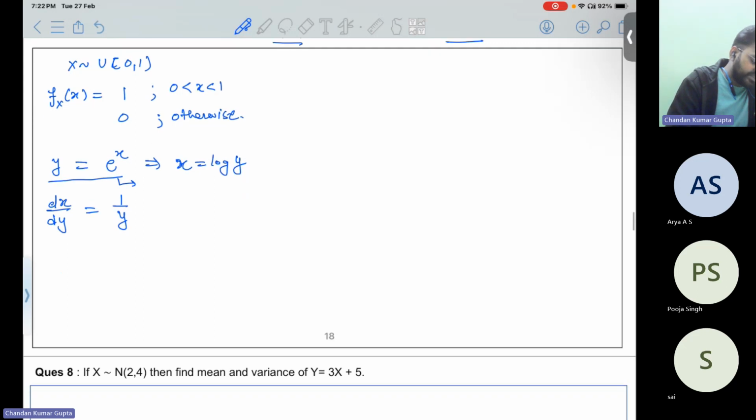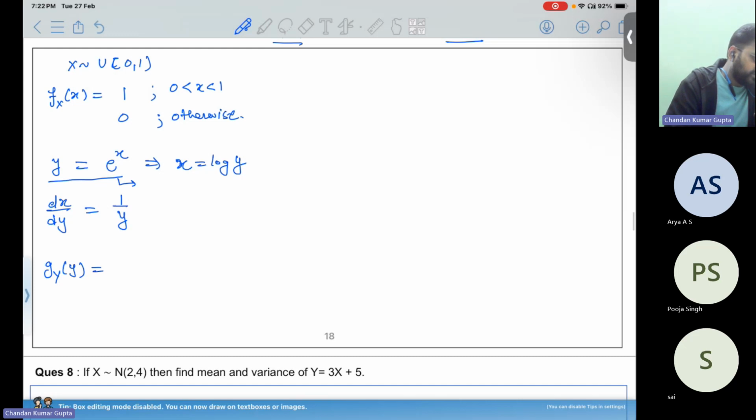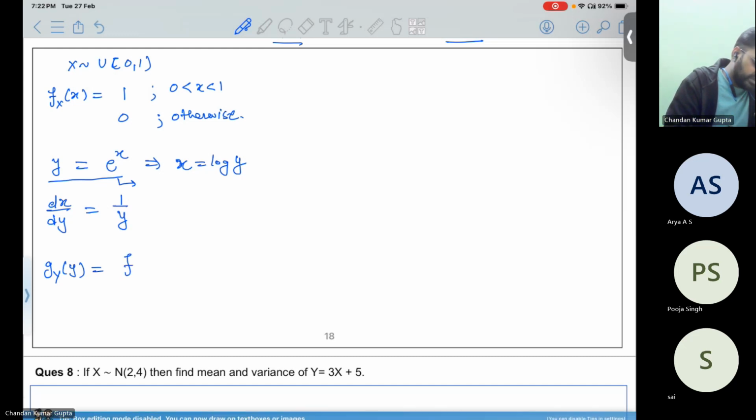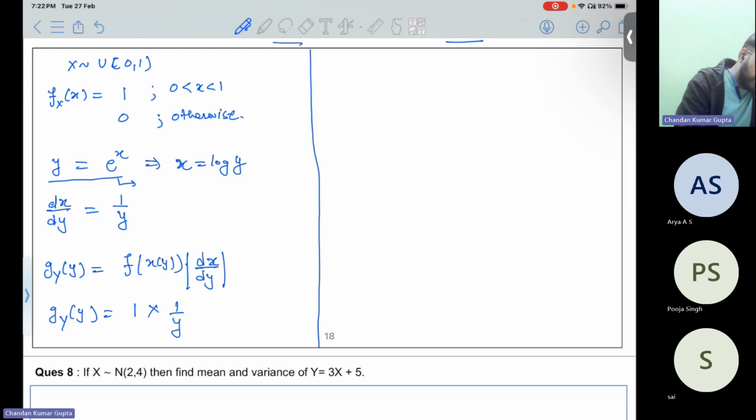So we may use directly g(y), which is what? f of x(y) times dx upon dy. So g(y) equal to what? 1 into 1 by y. So from here, g(y) can be written as 1 by y.